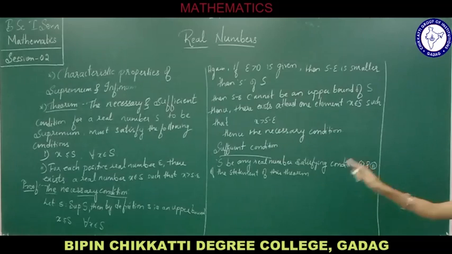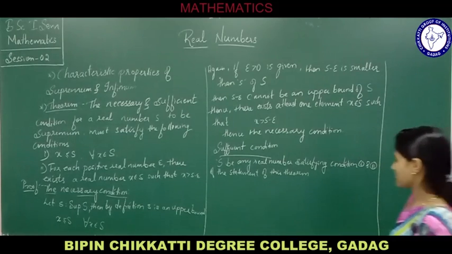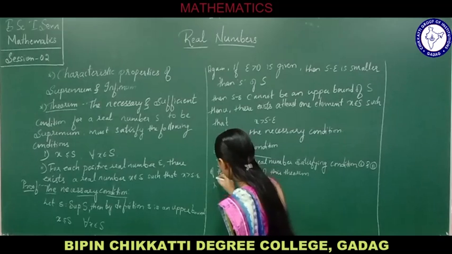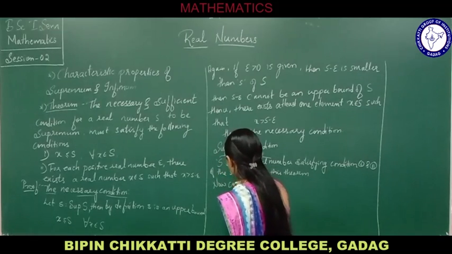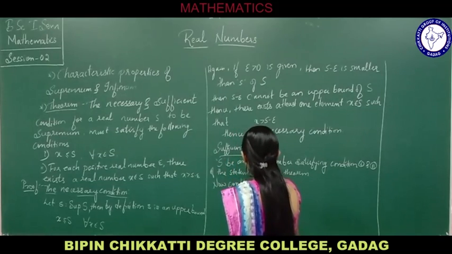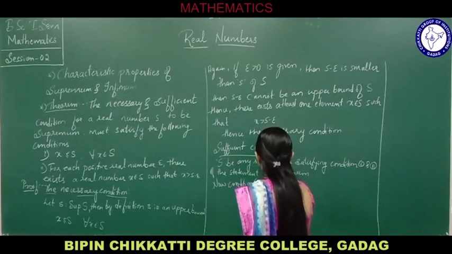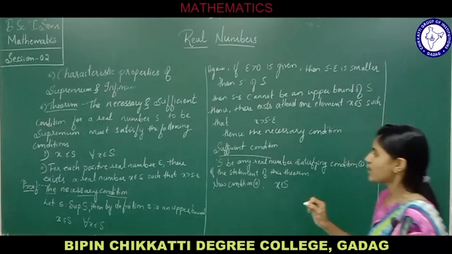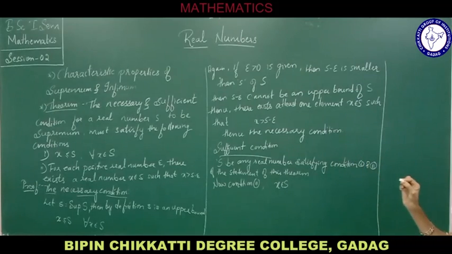If it satisfies condition 1 and condition 2 of the given theorem, what is condition 2? For all x belonging to S, we have x greater than s minus epsilon.